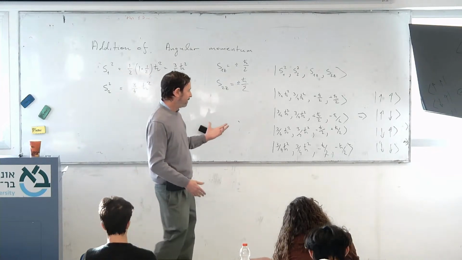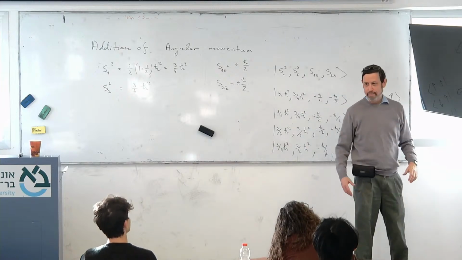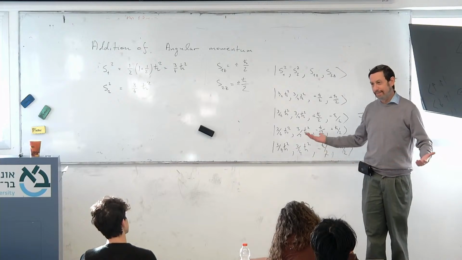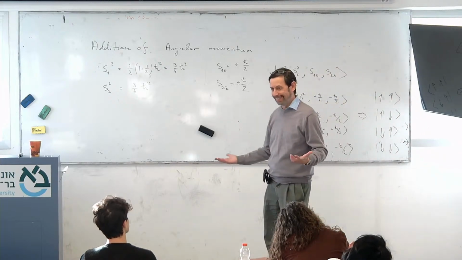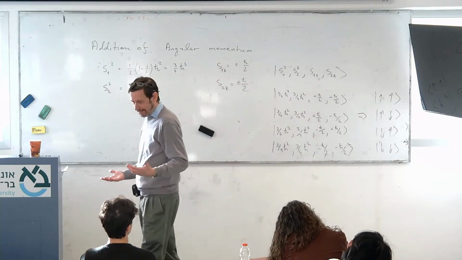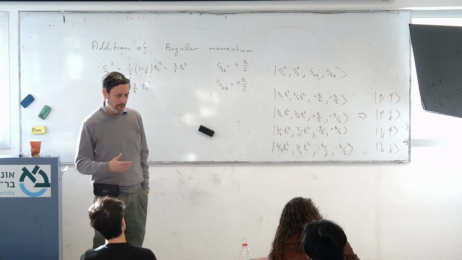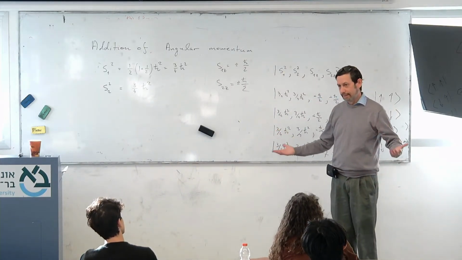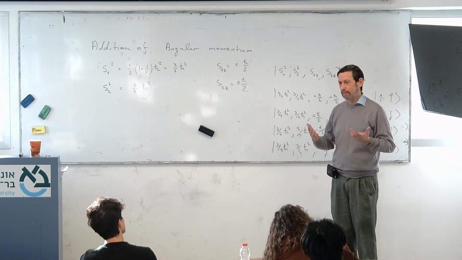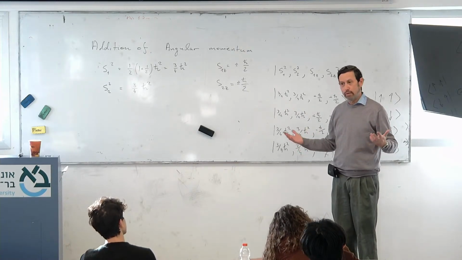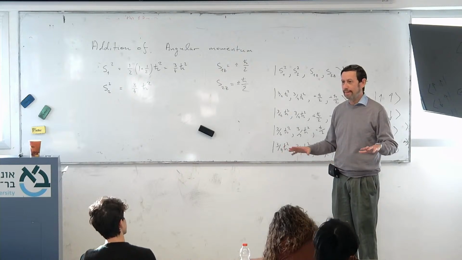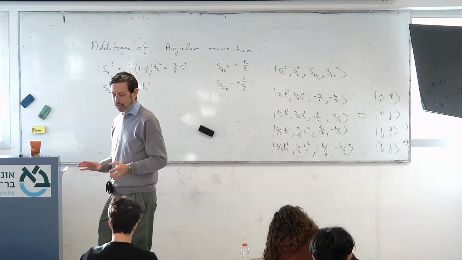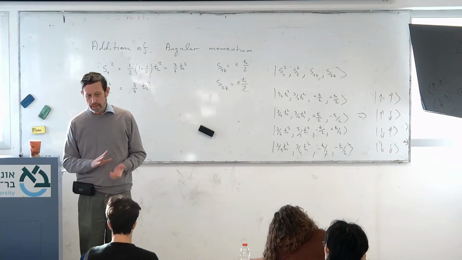Because if you have a 24-bit system, you can simulate 24 spins, right? Now you have systems of 100, so you can solve systems with 100 spins. 2 to the power 100, you can't write down a matrix in any classical computer that you can imagine.